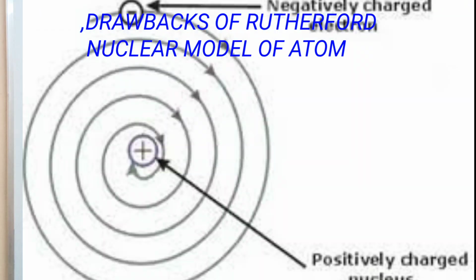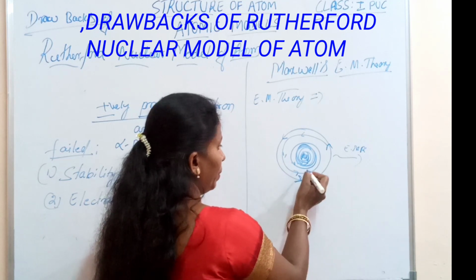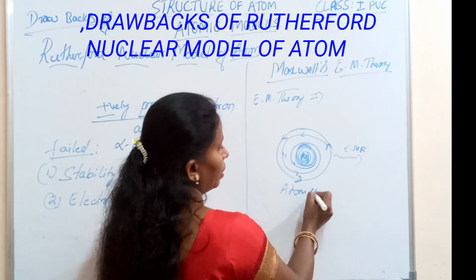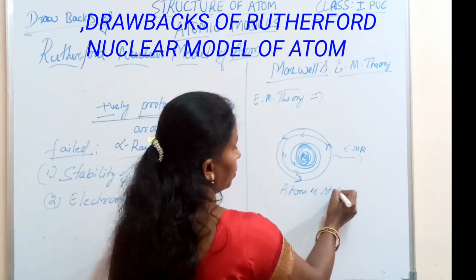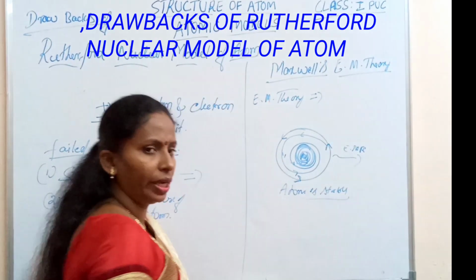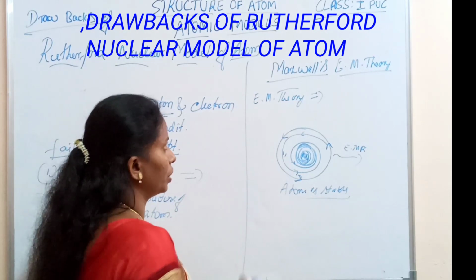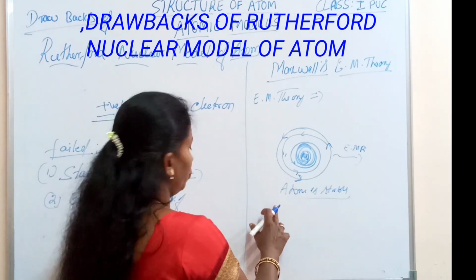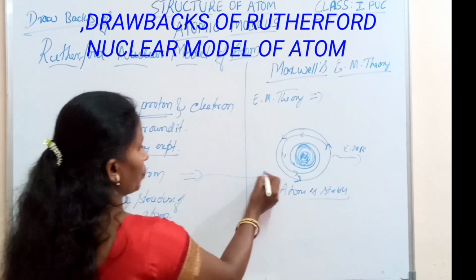But this does not happen; still the atom is stable and matter is existing, so Rutherford failed to account for the stability of an atom.